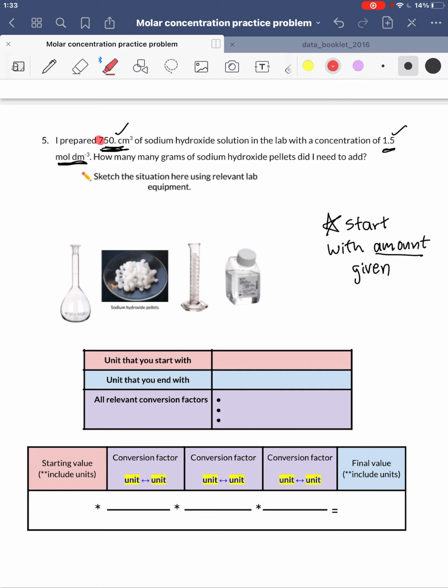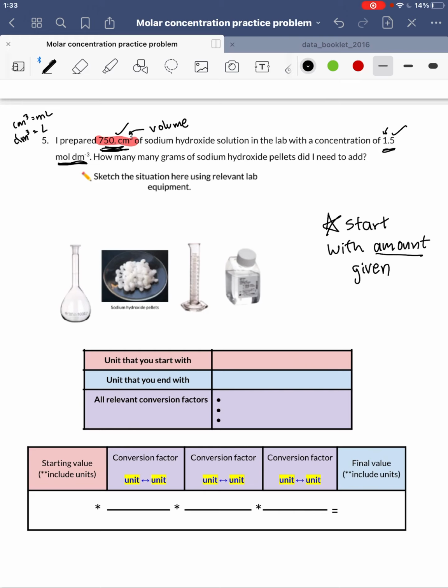I have 2 numbers here. I have a volume. 750 cubic centimeters is a volume. Remember, cubic centimeters are the same as mils, milliliters. Decimeter cubed is the same as liters. So I have about 3/4 of a liter here, or exactly 3/4 of a liter.